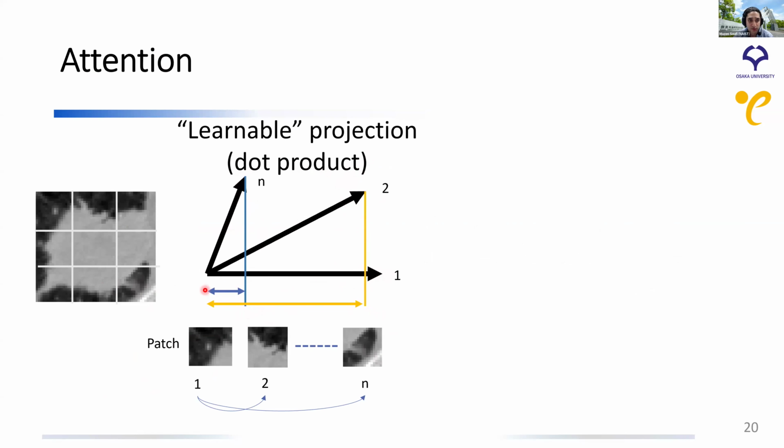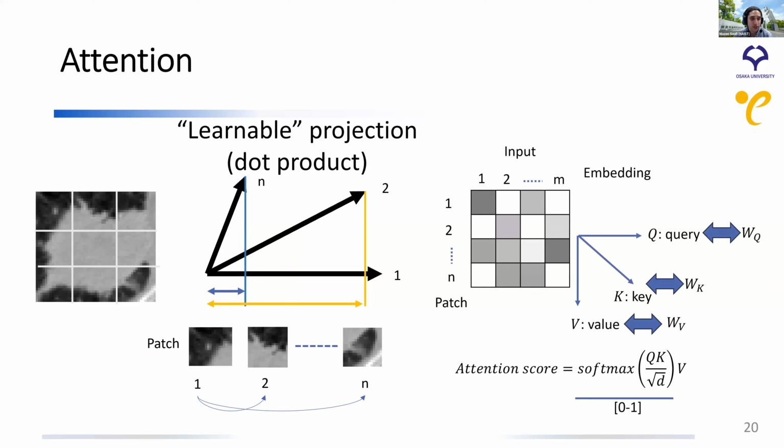And if you have two dissimilar vectors, the projection will be smaller. So building on this, if you consider these vectors as patches, instead of assuming a fixed dot product operation, we try to learn this dot product. In other words, we try to weigh how these projections are obtained by learning from the data.